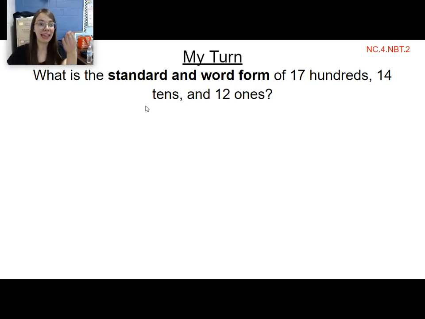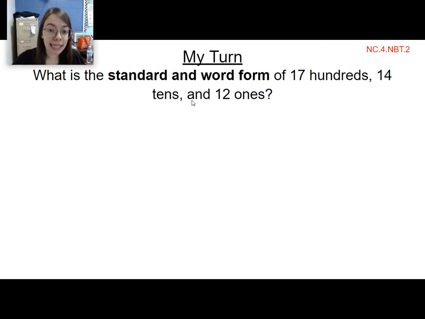Okay, speaking of gaining all of those zeros, this is another forms of number question. I like to call these tricky numbers, okay? This says, what is the standard and word form of 1700s, 14 tens, and 12 ones? See, that's why it's tricky, because it's not just 700s, it's above that group of 10, it's 1700s. So that means we're going to have to work something out there.